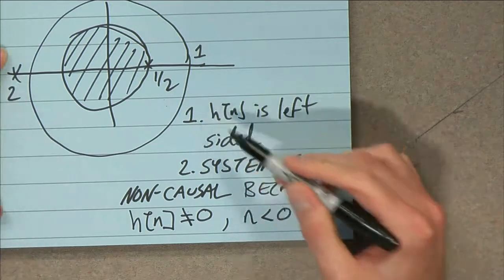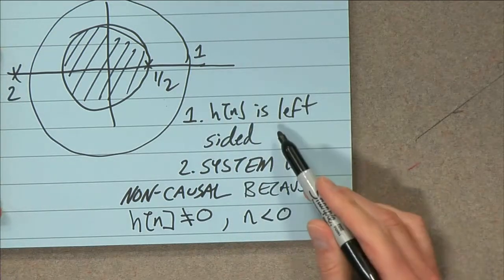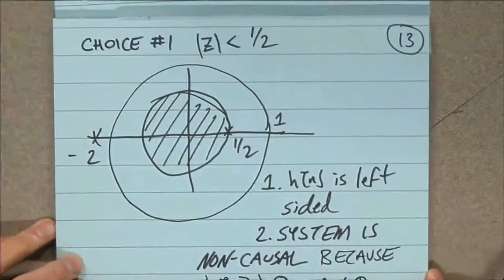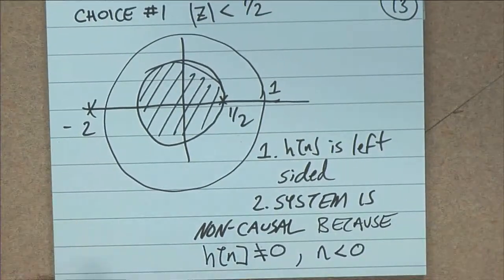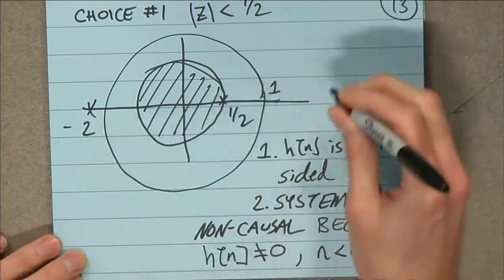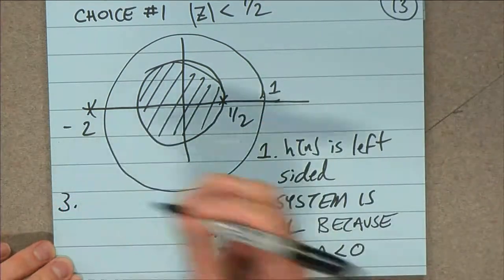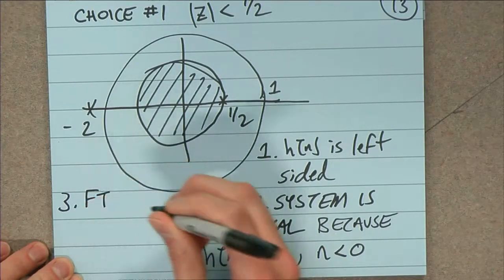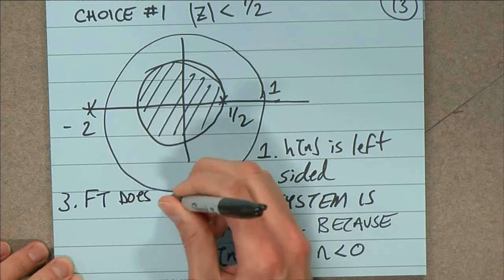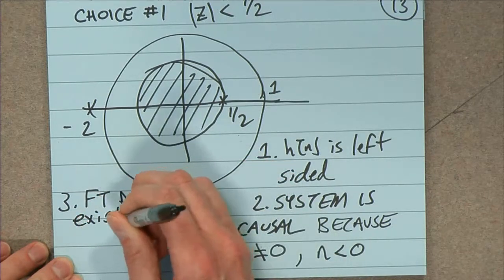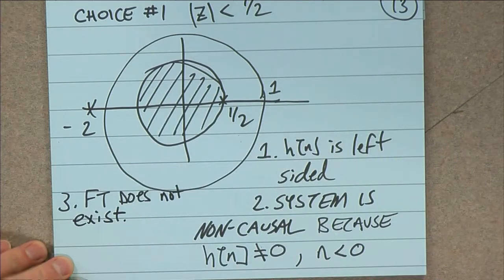So once we know 1, we can say 2. It's left-sided, non-causal. See if I can get all this on the screen. Also, it doesn't cover this, so where can I put a 3? Fourier transform, we'll just say does not exist. So if the Fourier transform doesn't exist, what else is bad?